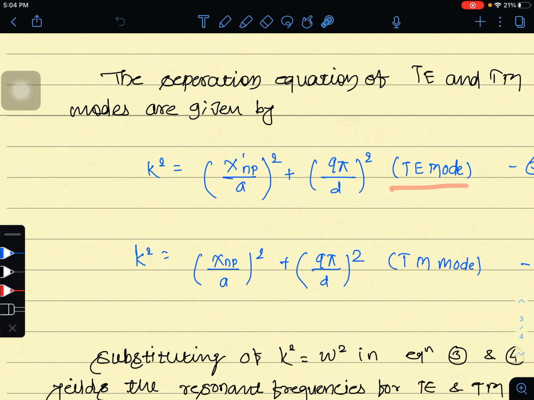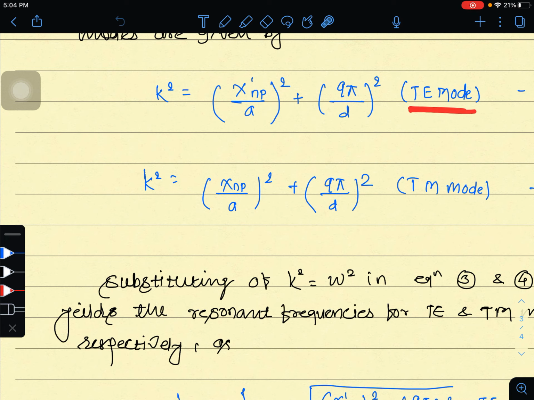Now this equation is regarding the transverse electric mode, and the other equation is k square equal to (x np by a) square plus (q pi by d) square for TM. This is the equation regarding the TM mode.